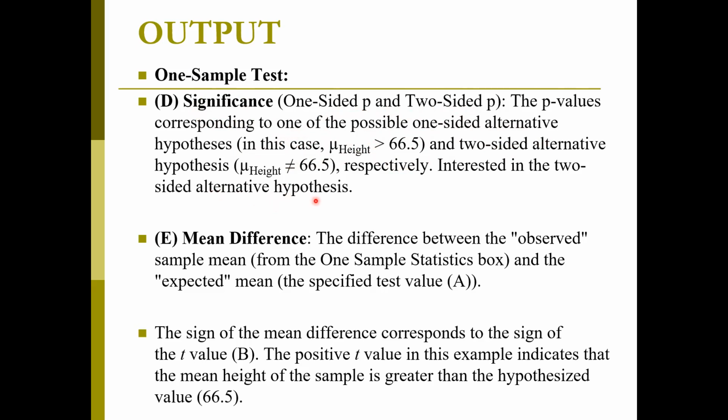I repeat, the p-value corresponds to one of the possible one-sided alternative hypothesis. That is, the mean height is greater than 66.5. And the two-sided alternative hypothesis says it is not equal to 66.5. We are interested in the two-sided alternative hypothesis.